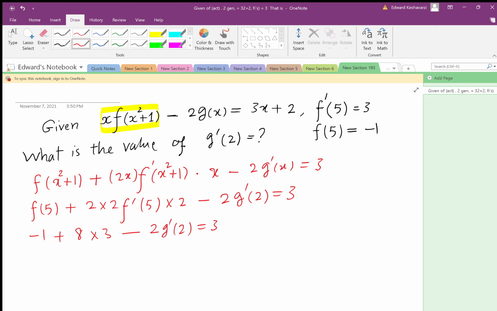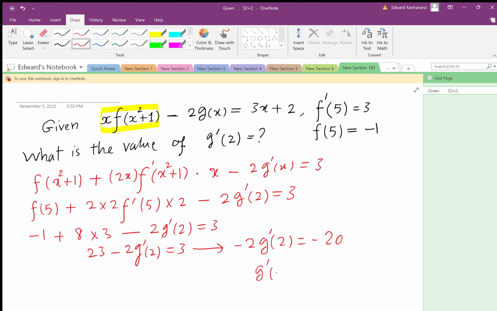So 8 times 3 is 24, minus 1 is 23, minus 2 g prime 2 equals 3. I'm going to take 23 to the right side, so it's going to get -2 g prime 2 equals -20. Now I'm going to divide both sides by -2, so therefore g prime at 2 is 10.